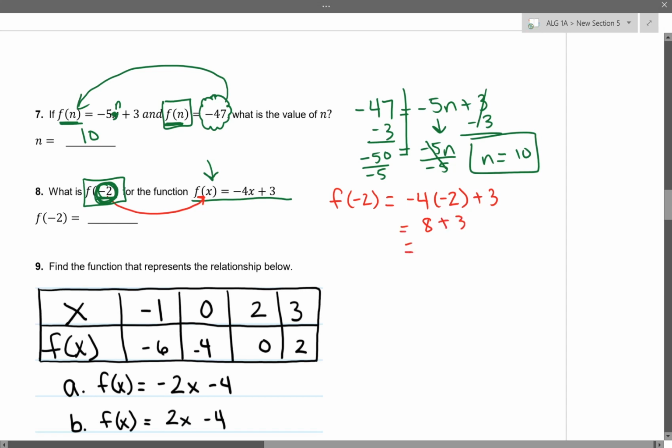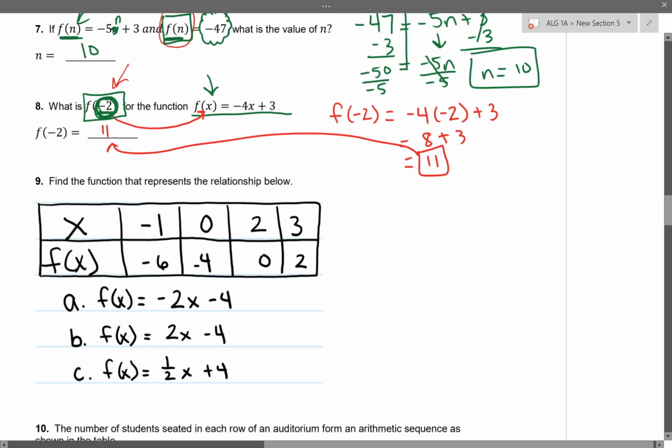Now my answer, 8 plus 3, is 11. So my final answer is 11. Okay, pretty easy problem. You just need to know the difference between the answer, f of n, and f of negative 2.